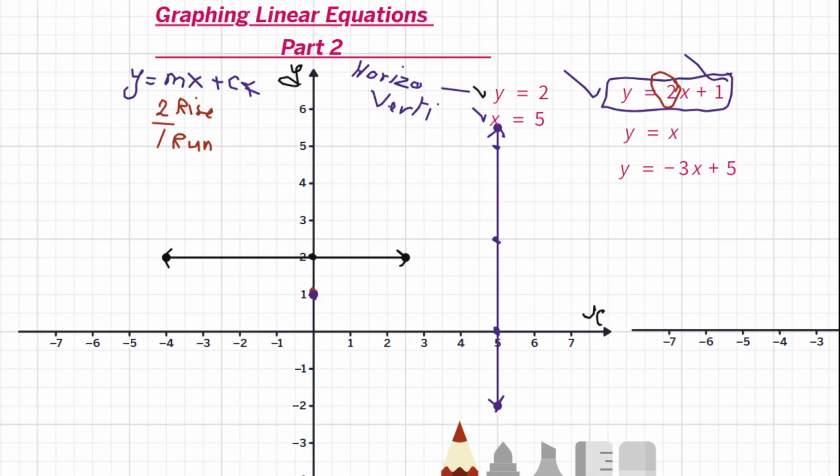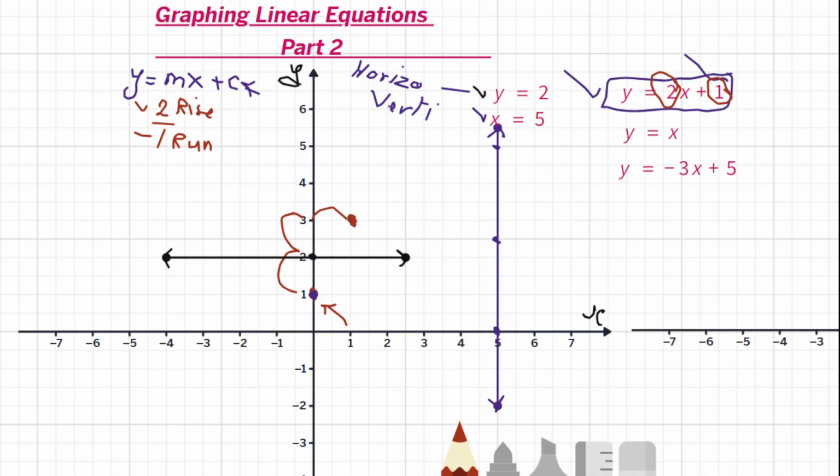From where? From the first point we had, which is this point here, which is the y-intercept, which is 1. Now, let's rise 2 steps. Are you ready? So 1, 2. So we rise 2. Let's run 1. Run 1. So this is 1 here.